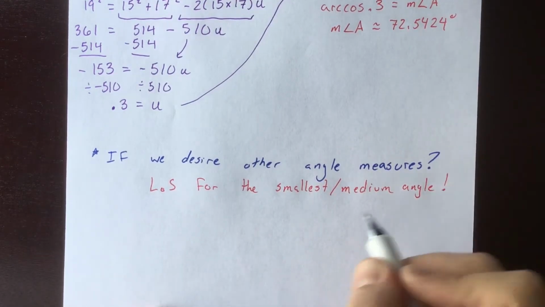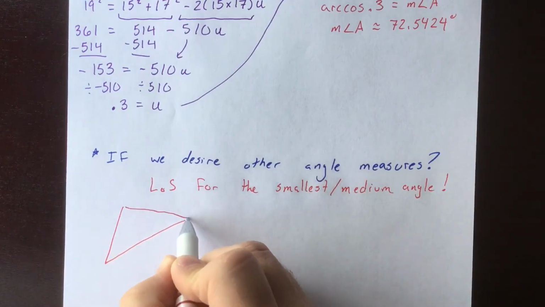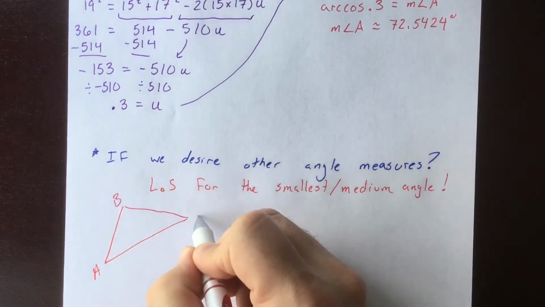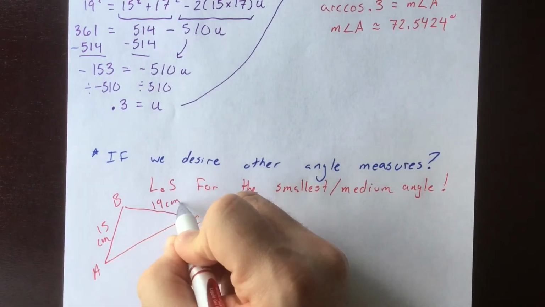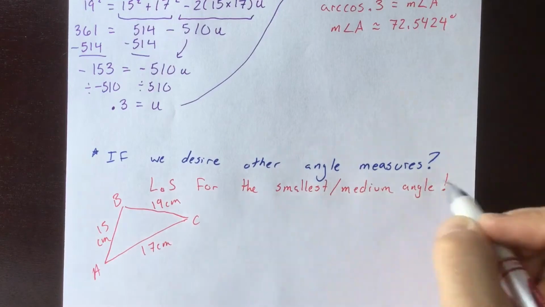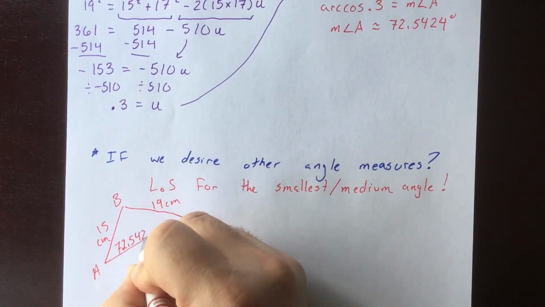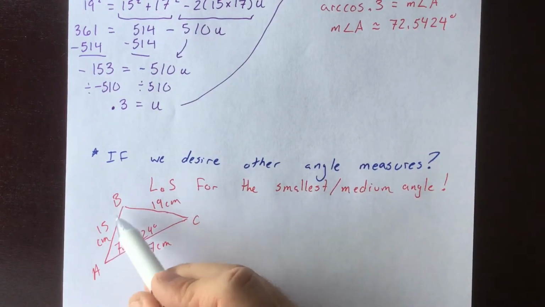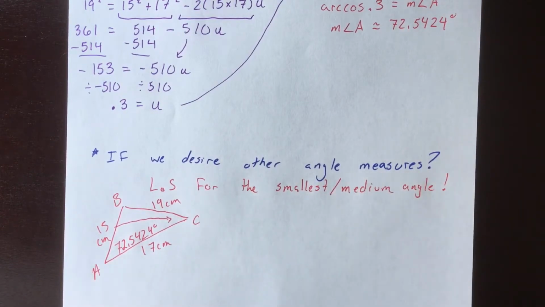Okay, so I'm going to draw real quick a rough model of our problem. We just found angle A to be 72.5424.